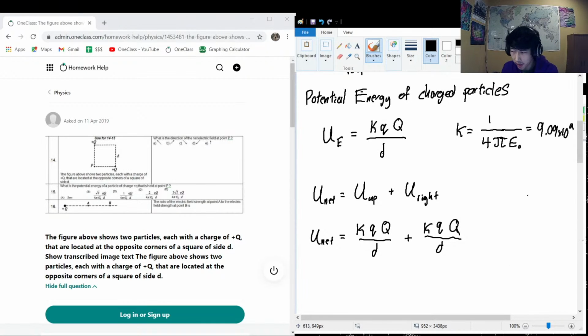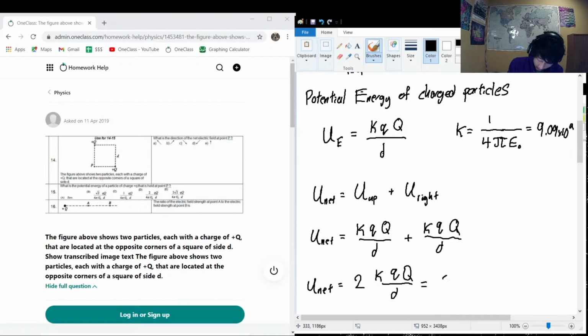Okay, but you can see we pretty much have the same term twice, and they have to be the same because the d's are the same and the q's are the same. So another way that we could write this is U net, the net potential energy as observed from point P, is going to be 2 times K q Q over d. Now is that one of our options? Oh, all of our options are not written with K, they are instead written with 4 pi epsilon naught.